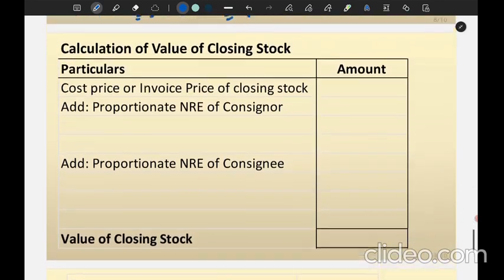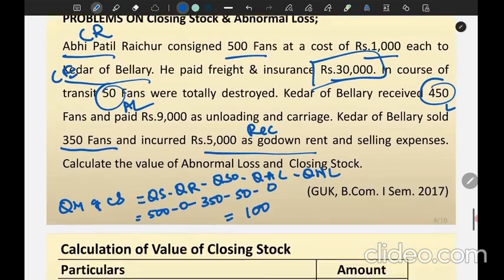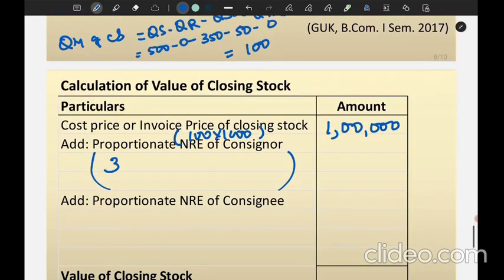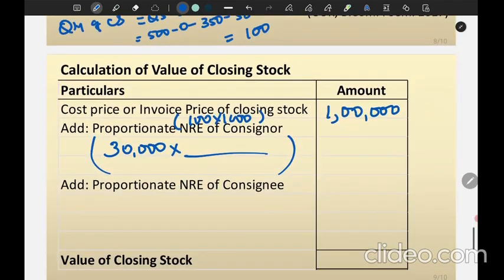Okay. So now we need to ascertain the price of it. 100 into 1000. It will be 1 lakh. Now add the proportionate expenses of the consignor. The consignor has totally spent 30,000, but for how many units? 500 fans. But we want it only for 100.